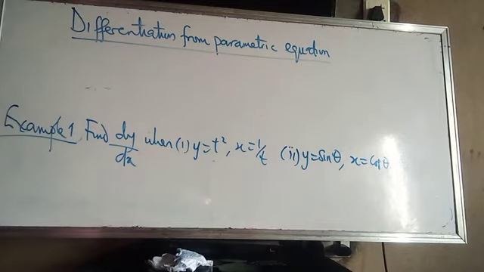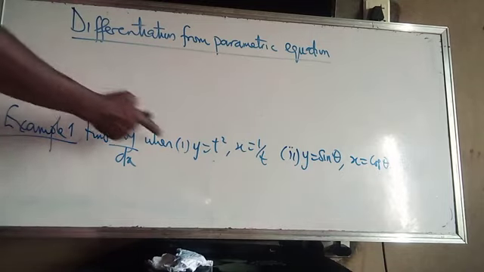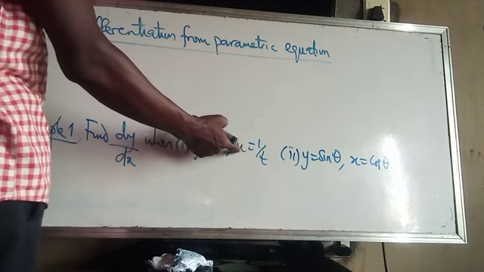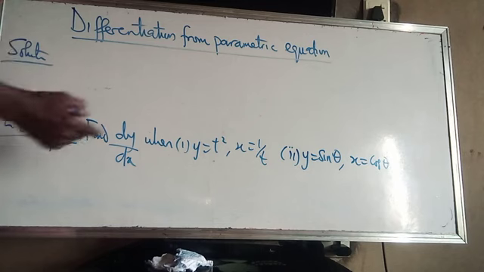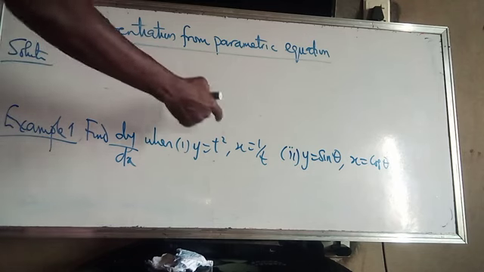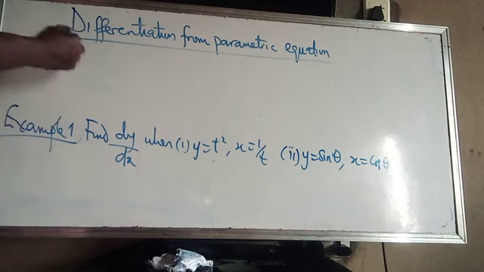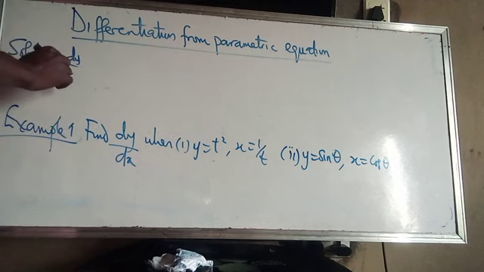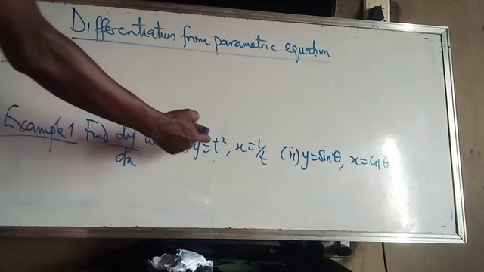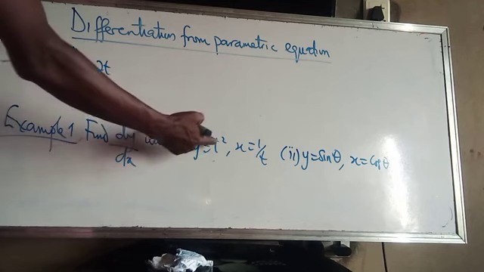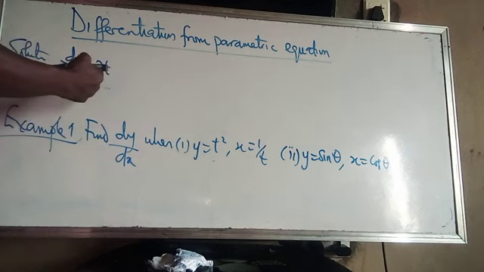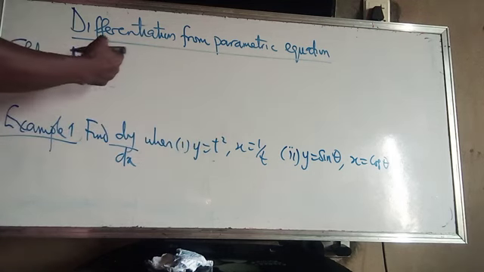Now, looking at the first one, y is a function of t, while x is also a function of t. How do we now find dy/dx? Fine. Let's solve this. Picking it from the dy/dt here, dy/dt is, differentiating y with respect to t, 2 times 1 here, 2. Then you subtract 1 from 2, you have t raised to power 1.